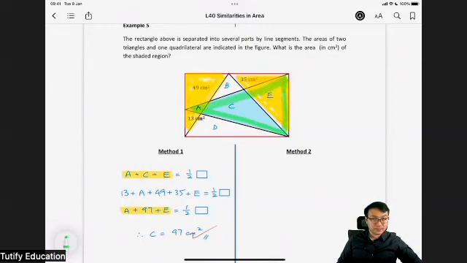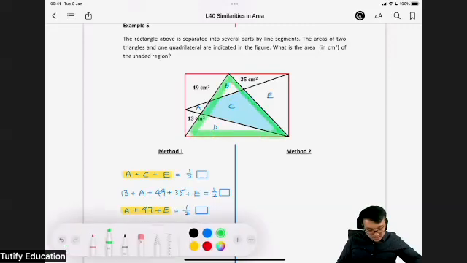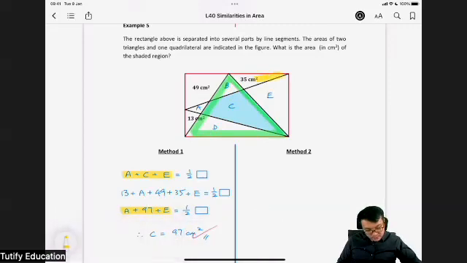Correct, students? I want you to now try another method. I want you to now use the triangle BCD and I want you to compare it with the other yellow shaded parts.